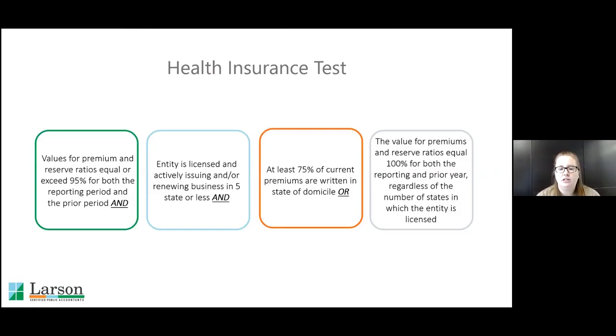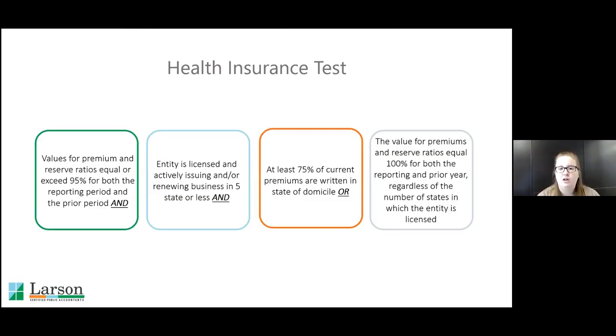The final box is for when maybe most of their premiums aren't in their state of domicile. This fourth box allows for an exception: if their premiums and reserves are 100% relating to health insurance, that can replace the requirement for state of domicile.